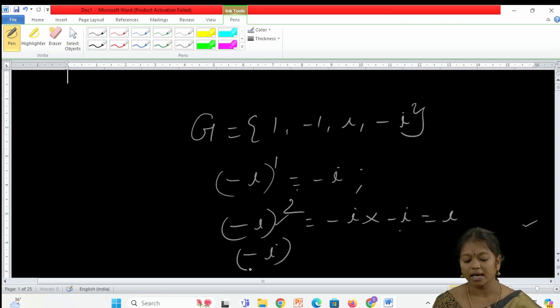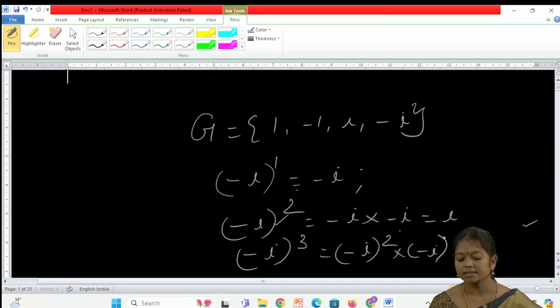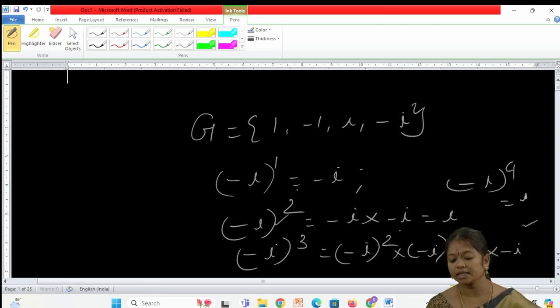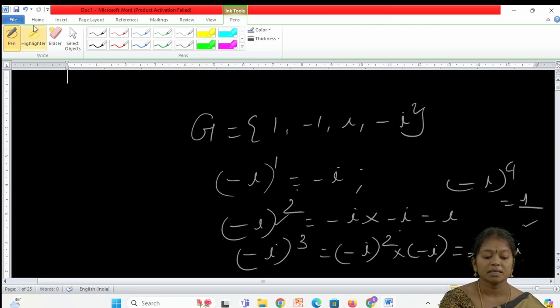Then minus i the whole cube, that is minus i the whole square into minus i, that is minus 1 into minus i, plus i. Then minus i the whole power 4, we are getting the element 1. This is a good example for a cyclic group.